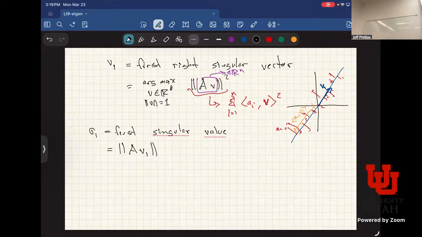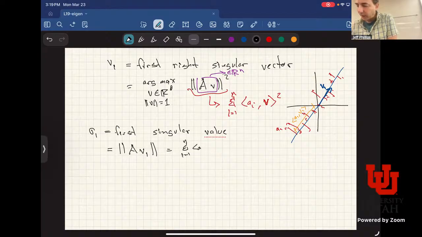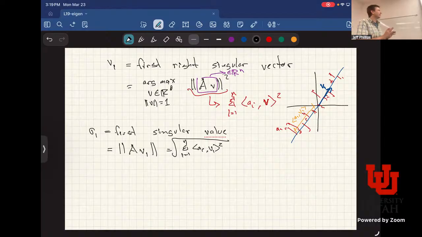Well, I already computed the norm of A times V1 squared, so I just take the square root of that. So I can write this as the sum from i equals 1 to n of (a_i dot V1) squared, all under the square root. That's fine, but not necessarily super helpful towards computing it.